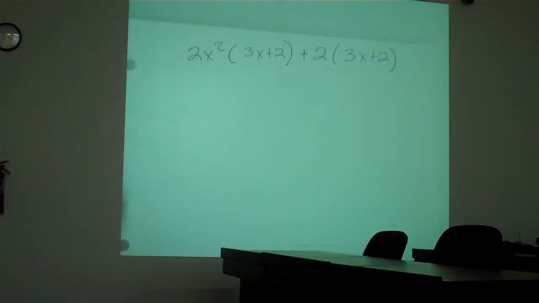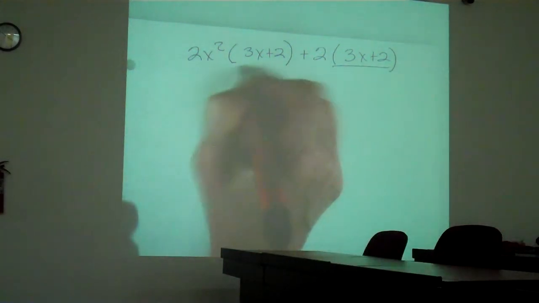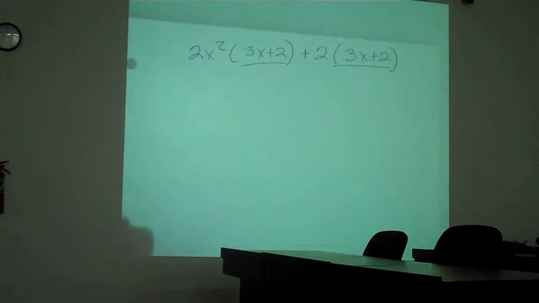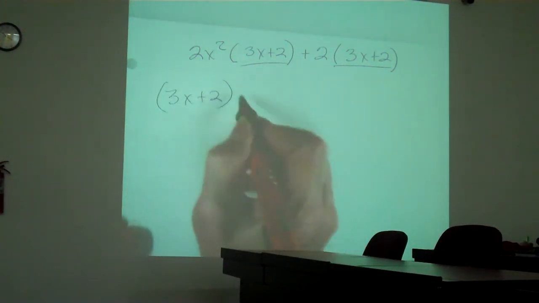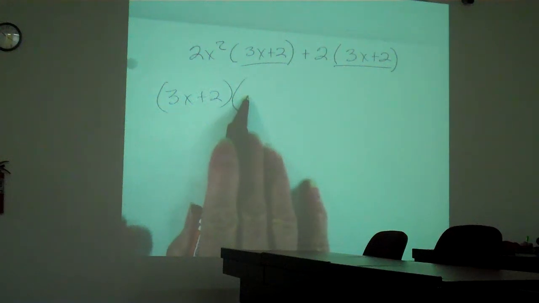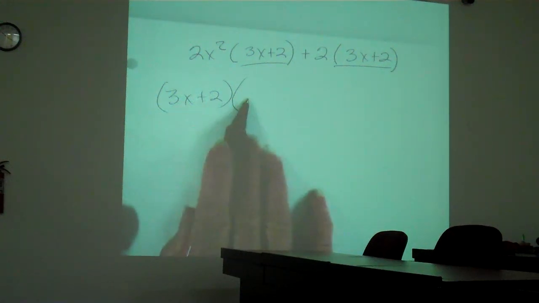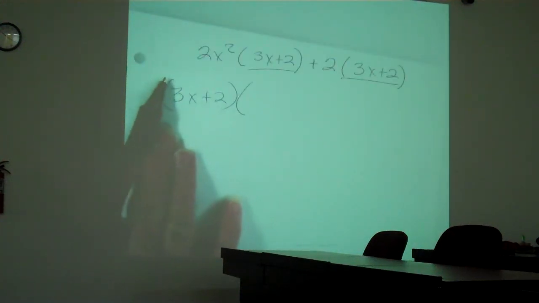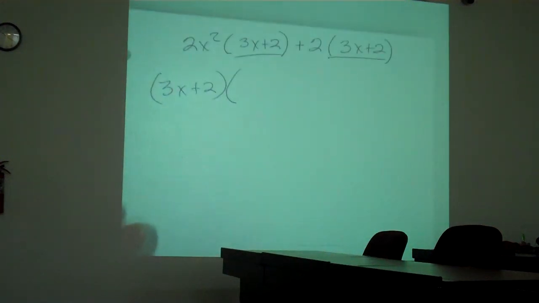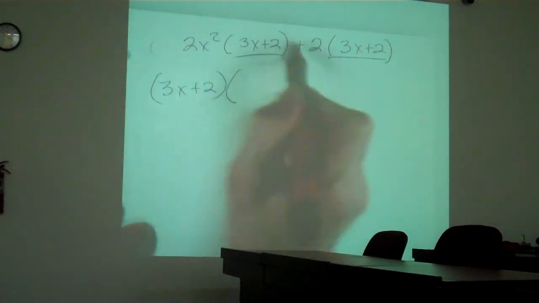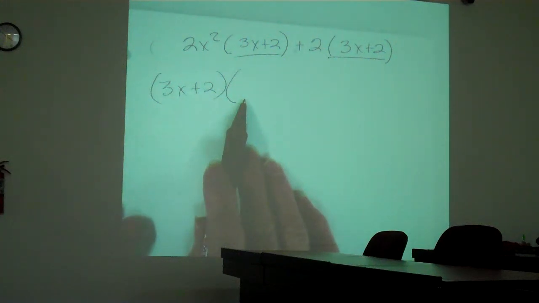What do these two things have in common? 3x plus 2, right? So if we put it on the outside here, let's put it in parentheses, because if we didn't have the parentheses out here, the 2 would be the only thing that would be touching. So this whole thing is multiplied. Put parentheses around it.